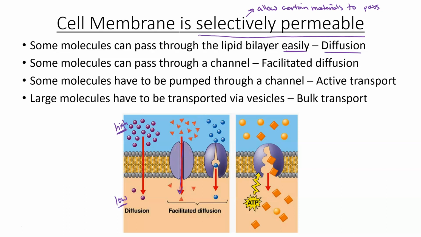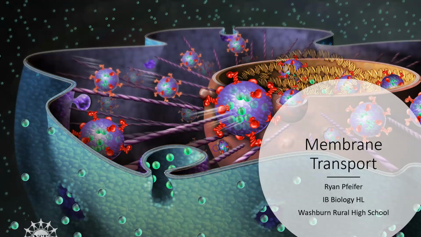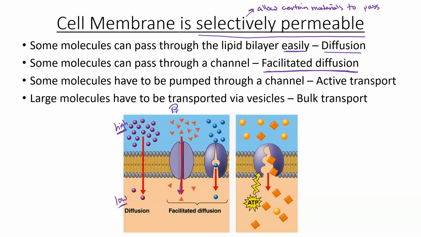So some molecules can pass through a channel without energy, but utilize a membrane protein, and we call that facilitated diffusion. Some molecules have to be pumped through a channel. That is where this image differs from these. Notice that these are high concentrations towards low concentrations. So this diagram of these membrane transport mechanisms would be passive transport mechanisms.